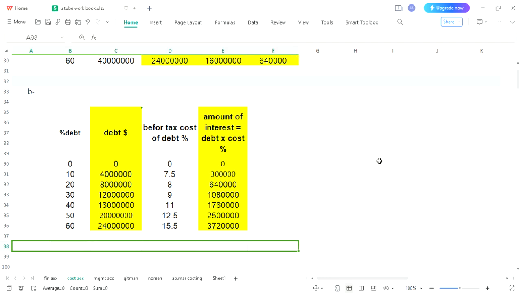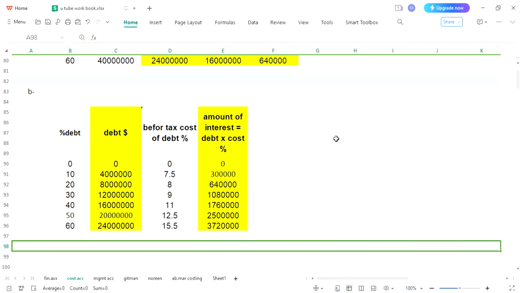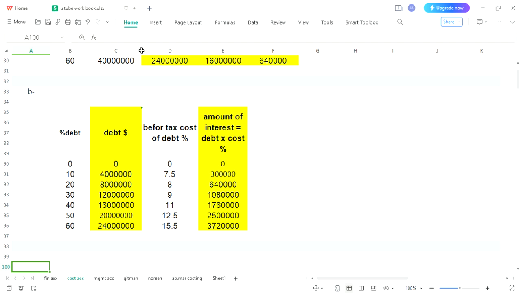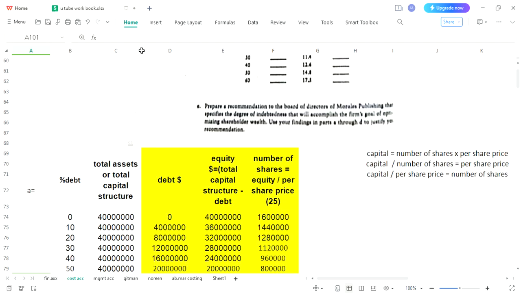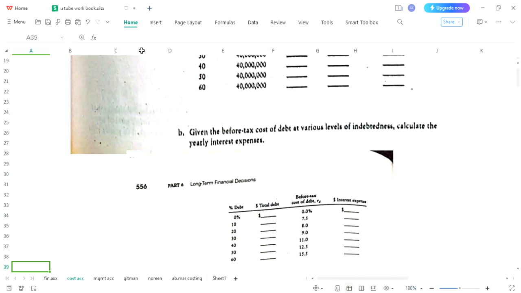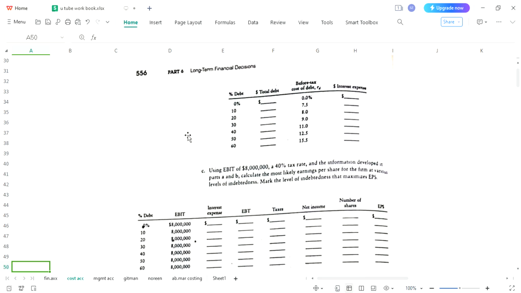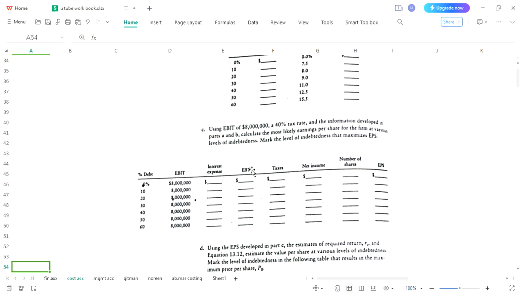Let's mark it as it has been done, and let's see what our C part saying to us. Go back. This was your B part we have solved, and now we have our 6C part, and where there are so many columns present: 1, 2, 3, 4, 5, and 6. It's all right. Let's start.